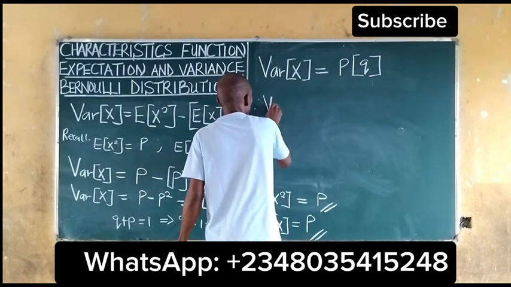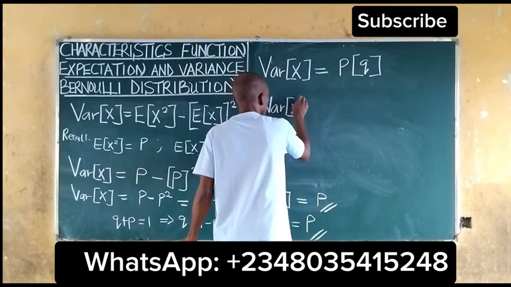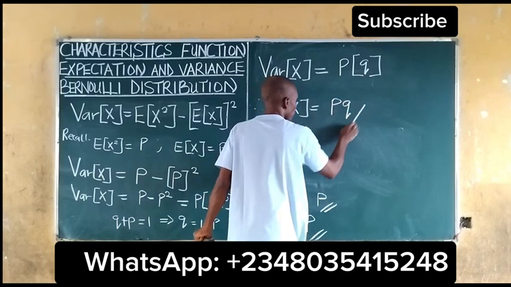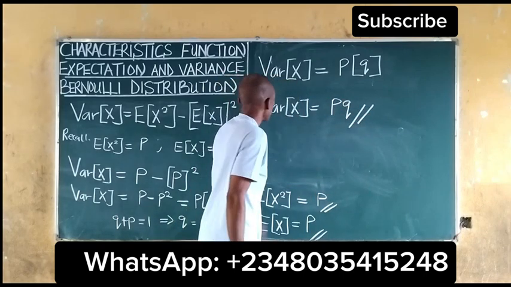Therefore, our variance for the characteristics function of the Bernoulli distribution will give us pq. So we have pq for the variance.